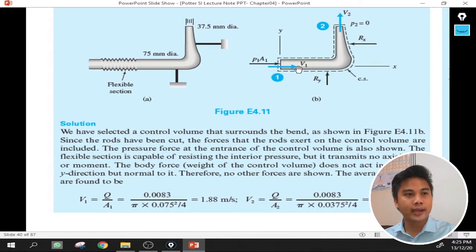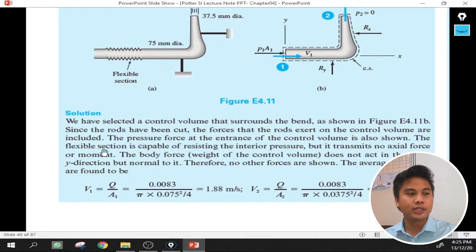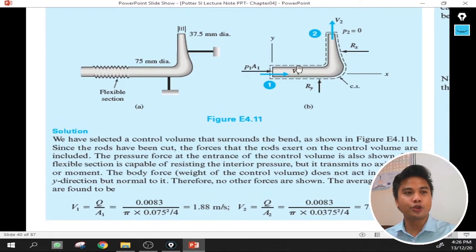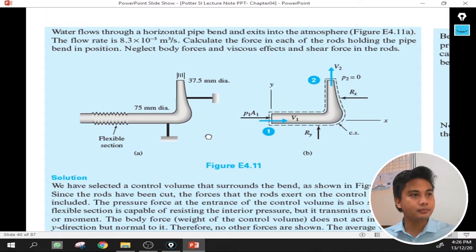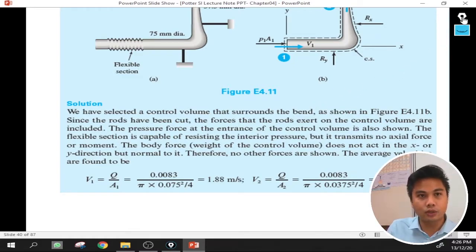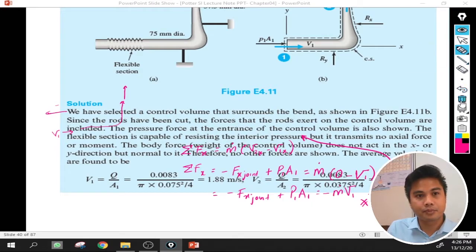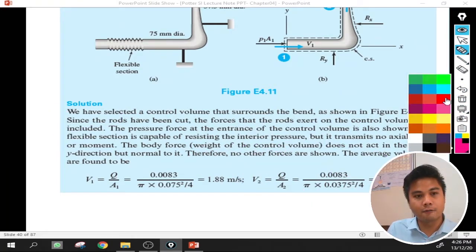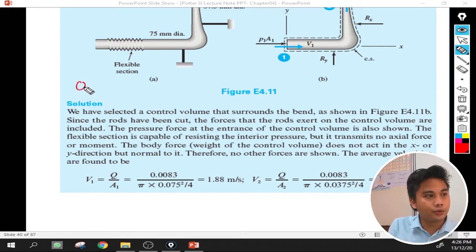So V1 and V2. In order to get the velocity, we consider that the flow rate is constant over the entire section. So Q1 equals Q2, the flow rate of water. Remember that the formula of flow rate is Q equals A times velocity.